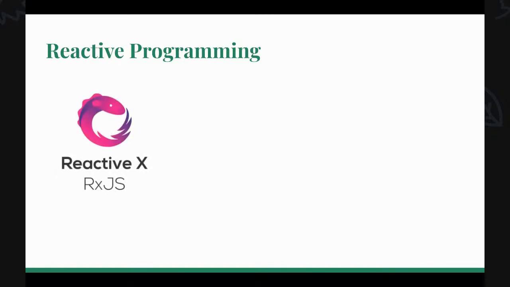So what reactive programming does, which is again baked into Angular through RxJS and observables, is that you can simplify your programming logic a lot, and you can make your program very easy to understand. You can easily create and manipulate the event streams and data. So this is essentially using a set of library which is called RxJS, reactive x RxJS.